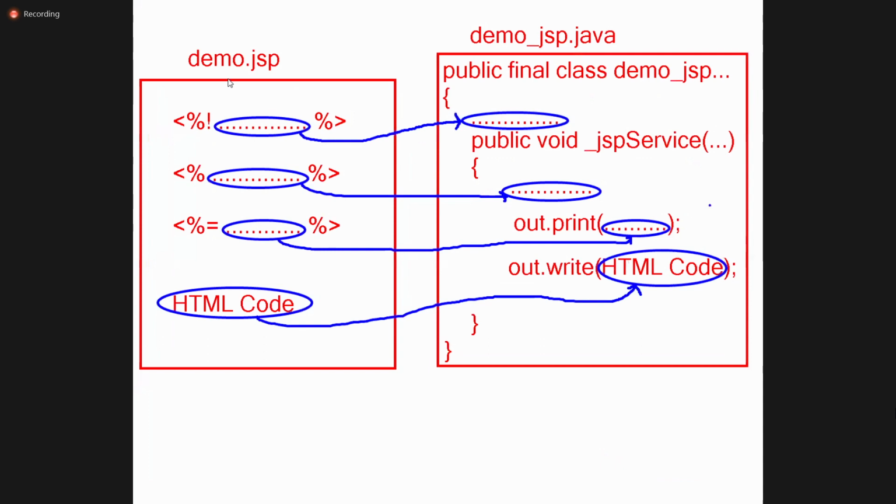See this one, demo.jsp. If you write code here, that code comes outside the service. If you write code here, that code is inside the service. If you write here, that is in out.print. HTML code comes here. Okay, all these details I gave.